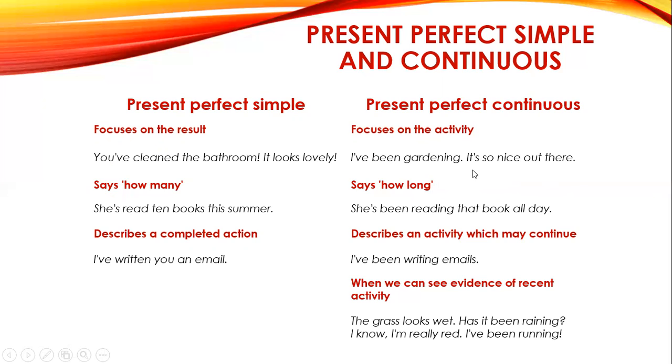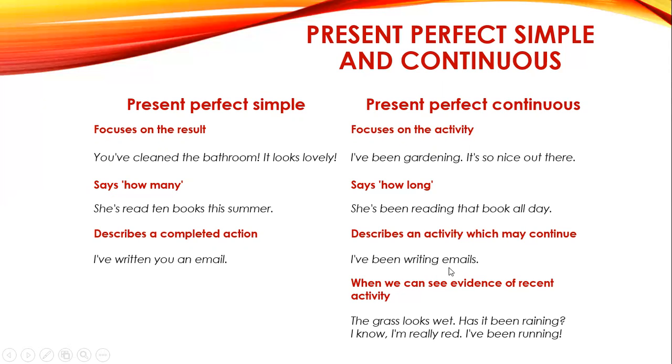However, if we use the present perfect continuous, you are not focusing on the result. In the case of the present perfect continuous, you focus on the activity. For example, I've been gardening. It's so nice out there. Or you want to focus on how long you have been doing something. For example, she's been reading that book all day. Or when you want to describe an activity which may continue.